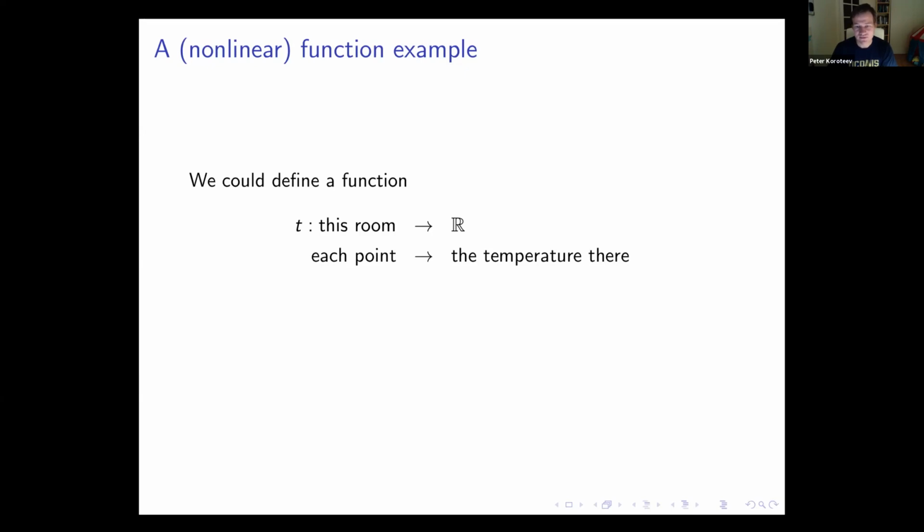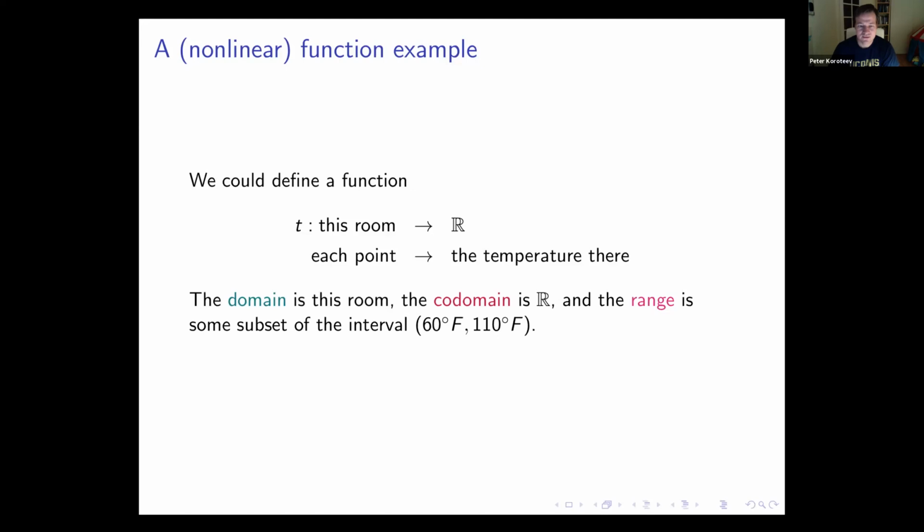Clearly, this is a non-linear function, as there is no reason why temperature should change linearly as you go from one corner of the room to another. So the domain of this function is the room, the codomain is R, and the range is, depending where you live, between say 60 and 110 Fahrenheit. I'm not sure where you are in China right now, but most likely it's hot at your place.